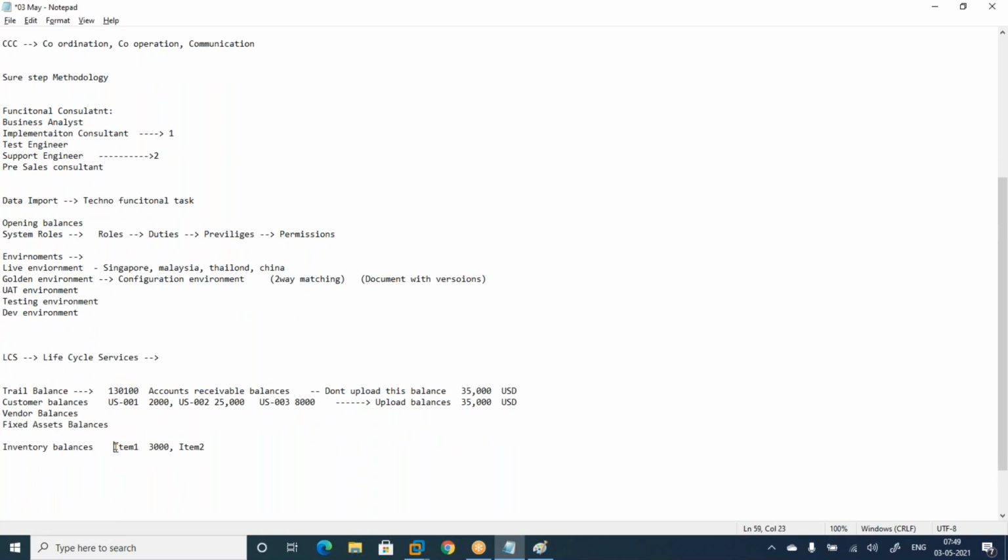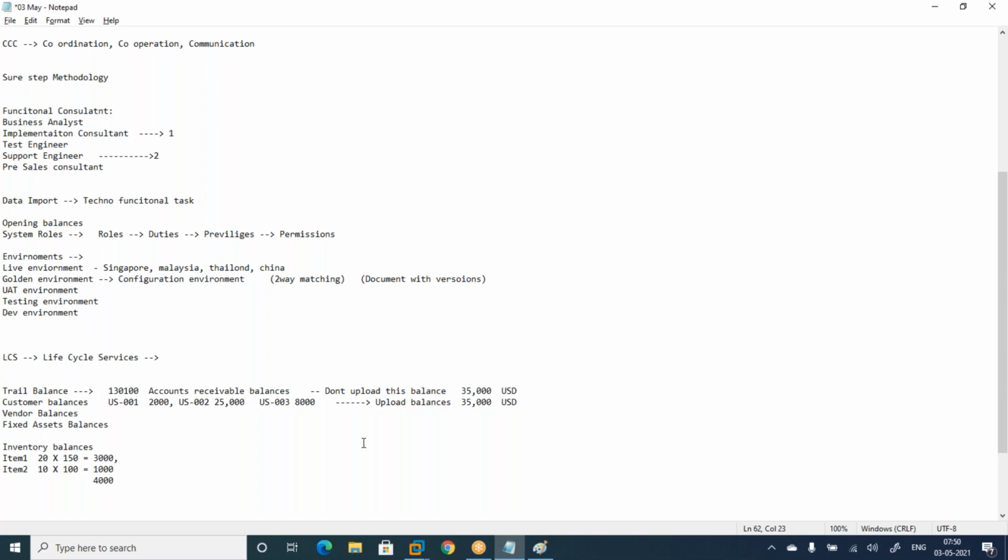Item 1: 20 quantity into 150 equals 3,000. Item 2: 10 quantity into 100 is 1,000. Total amount is 4,000.